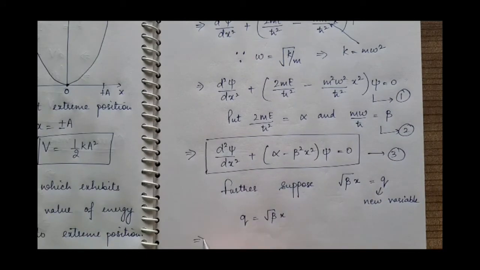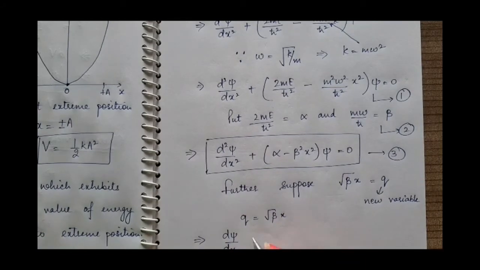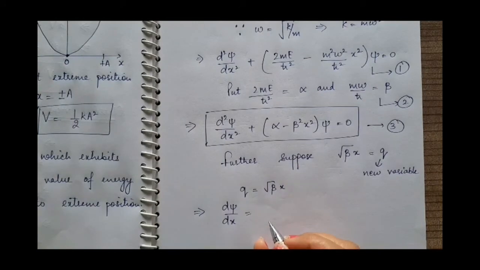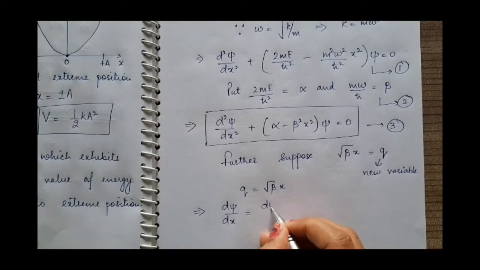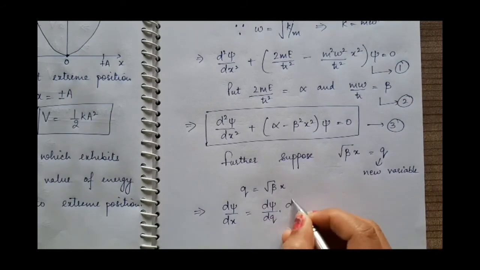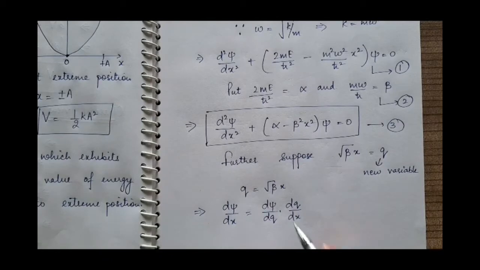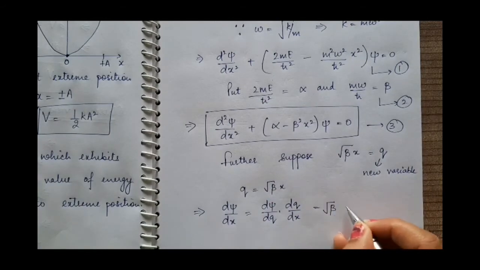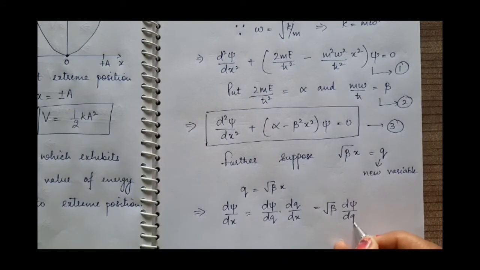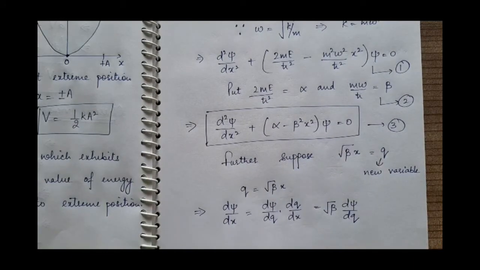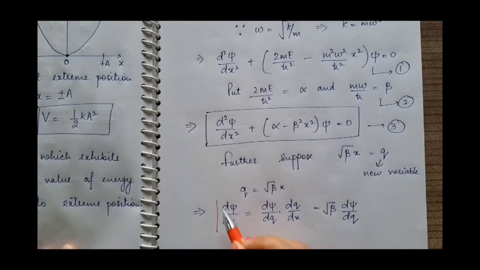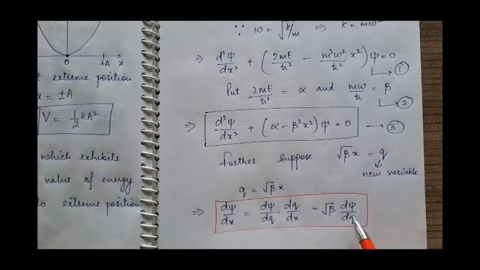So first find d psi by dx. Multiply and divide by dq, so it will be d psi by dq into dq by dx. What is dq by dx? Differentiate this with respect to x, it will be root beta. So d psi by dx is equal to root beta d psi by dq.